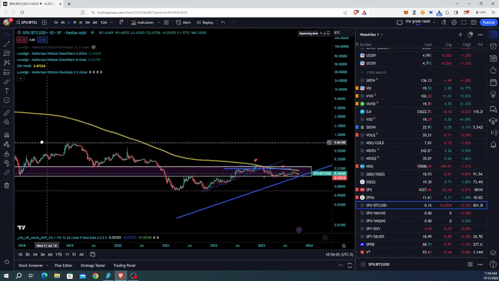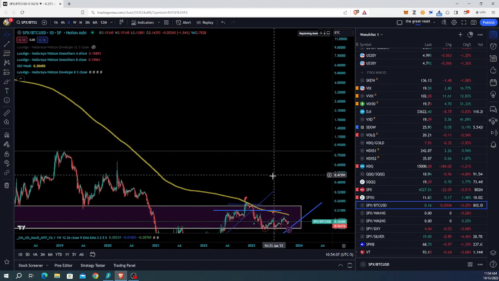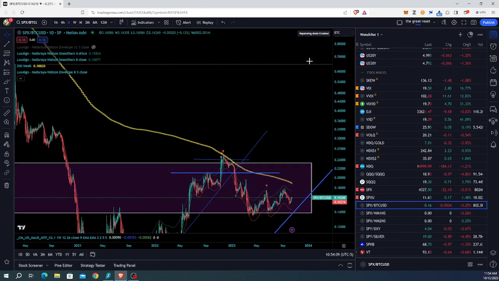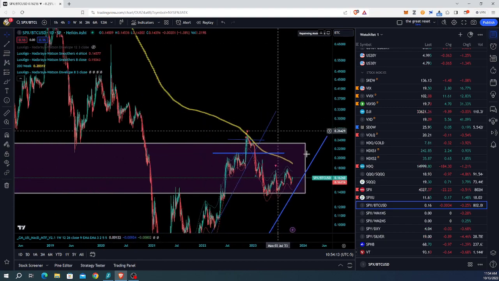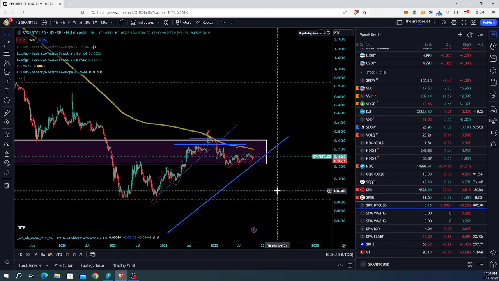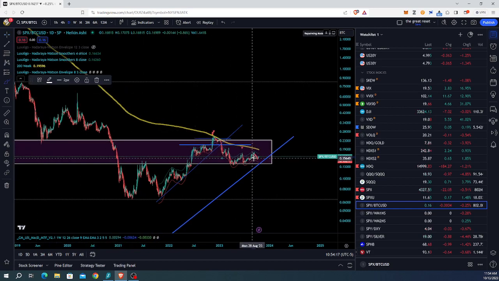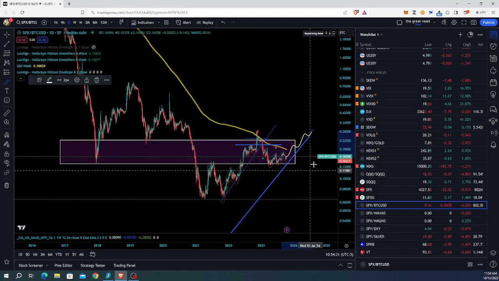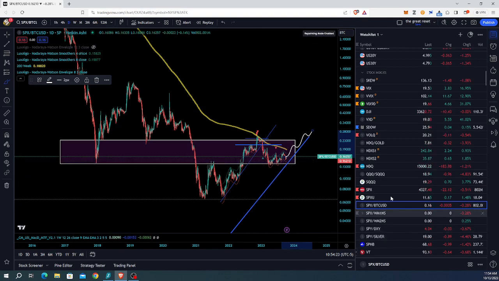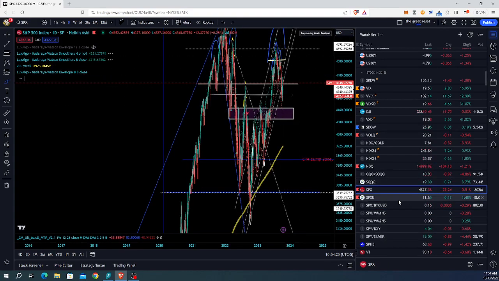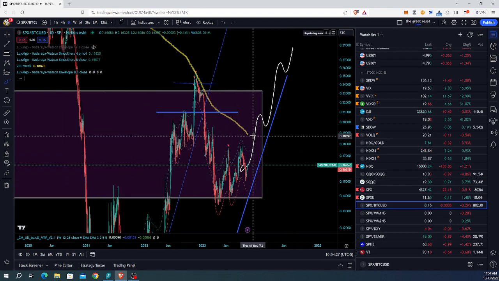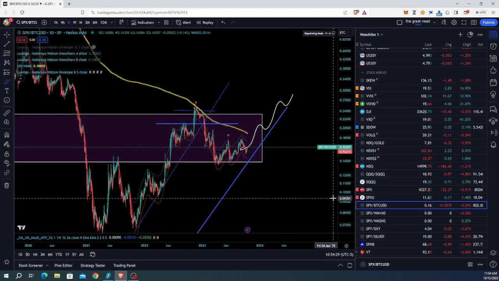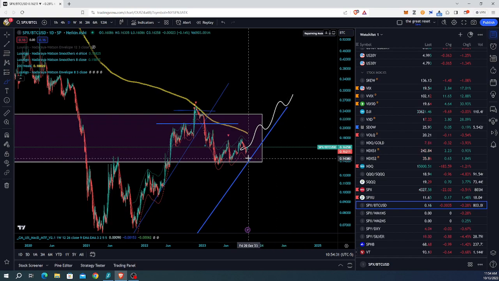And interestingly enough now, we are making touches on our 200-week moving average. This is a really big deal if we break above and start moving upwards like this. That would mean the S&P, even though the S&P is falling, would still be in a quote-unquote bull market against Bitcoin if we get some sort of breakout like this.